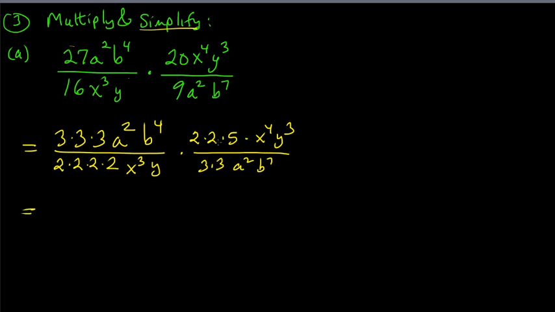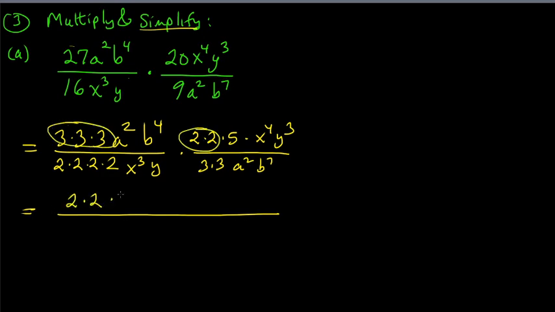So now that everything is factored, right, let's see, I'll put the 2's first, so 2 times 2, and then the 3's. So 3 times 3 times 3. Then the 5. Don't forget the 5. And then we can do the variables here, right? A squared, b to the 4, x to the 4, y to the 3.